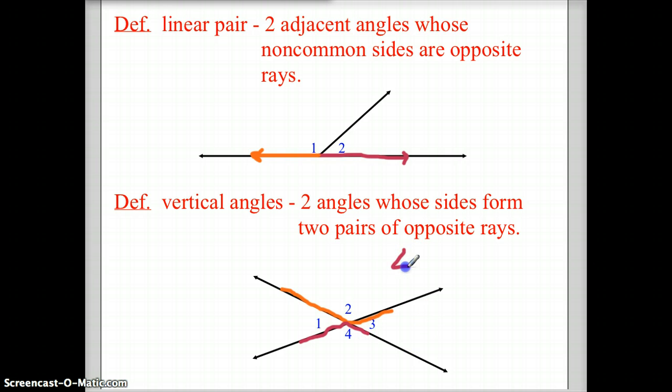So angle 2 and angle 4 are vertical pairs. So are angles 1 and 3. They're opposite sides of each other. So angle 1 and angle 3 are another pair of vertical angles.